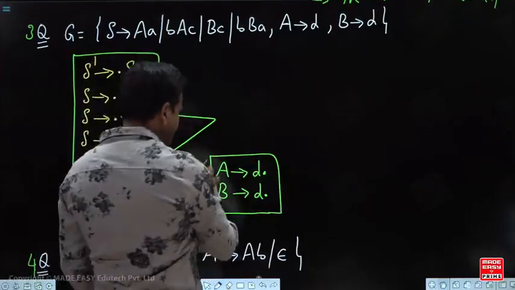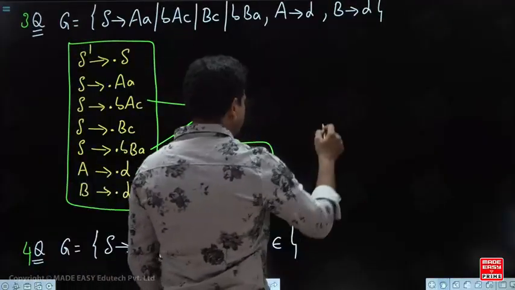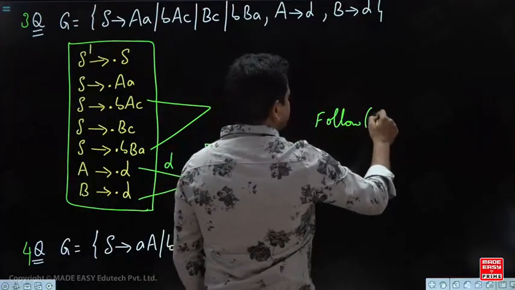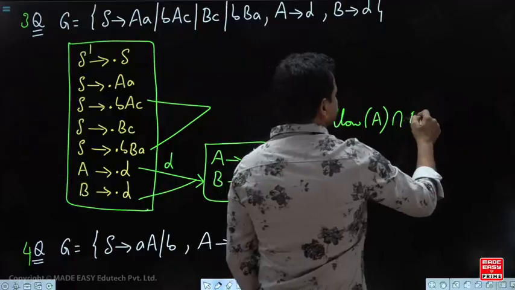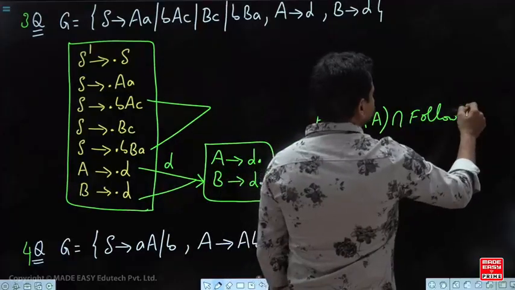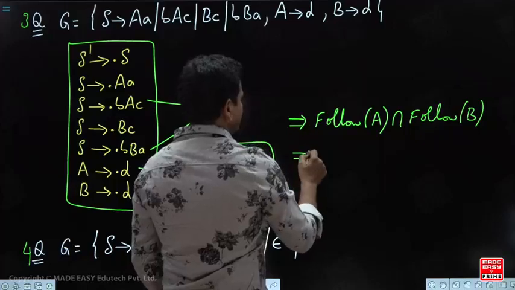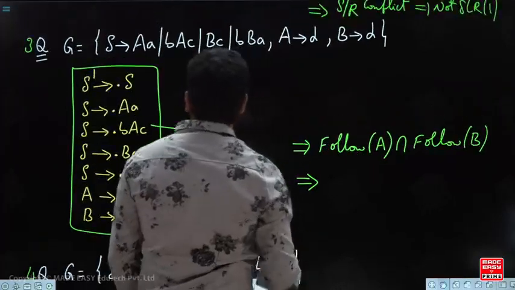Now, anyway, I am checking this one. Follow of A intersection follow of B. Follow of A. What is follow of A?